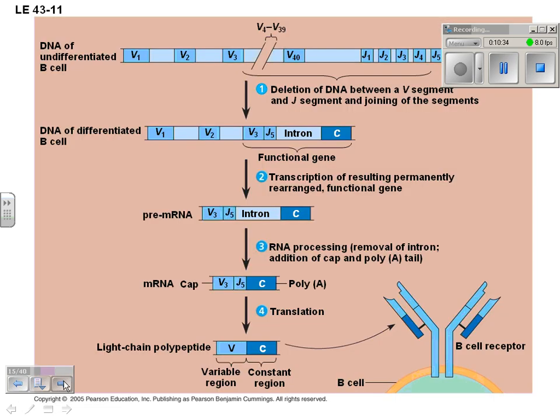And this just shows, here's an undifferentiated B cell. It means it's a B cell. It hasn't met a foreign particle yet. Here's the new B cell. Okay, and so on, down to make the protein that's going to recognize, say, chicken pox.